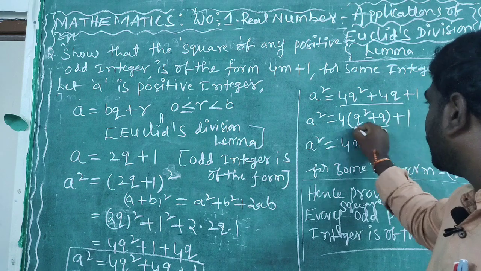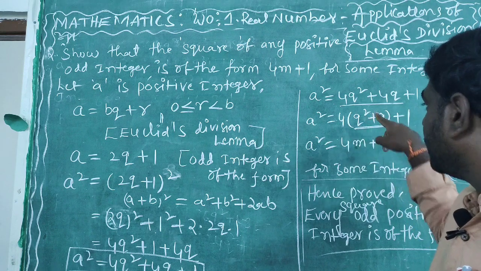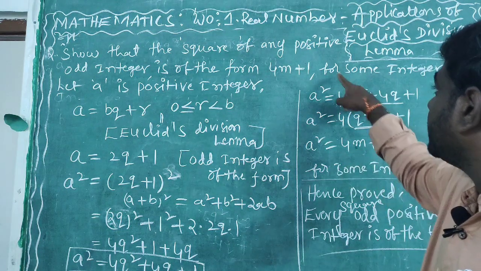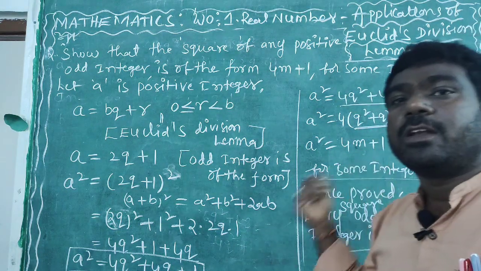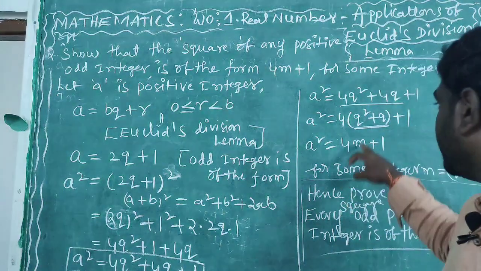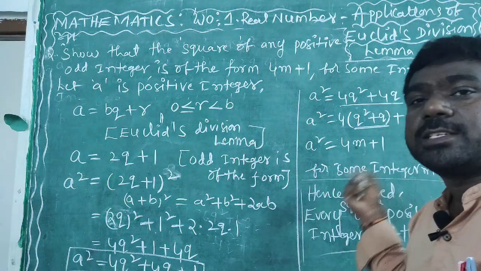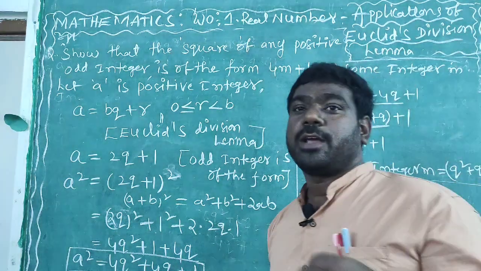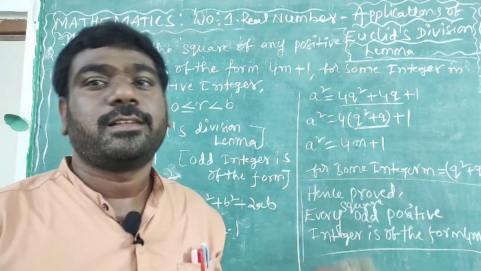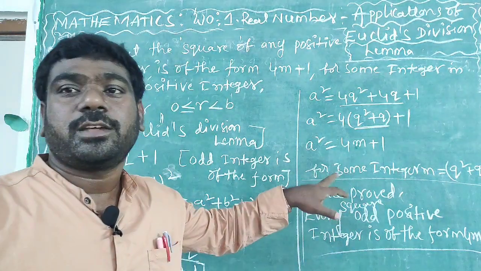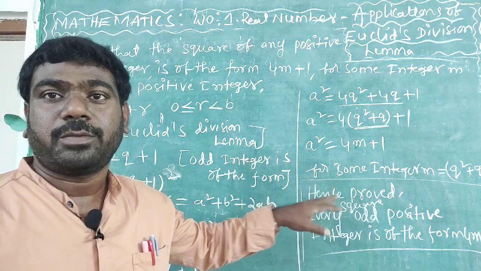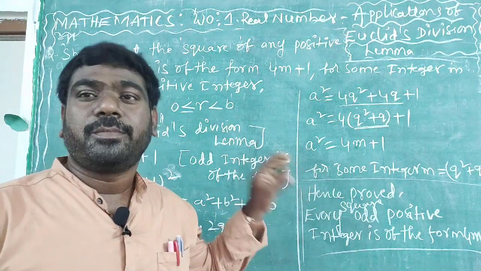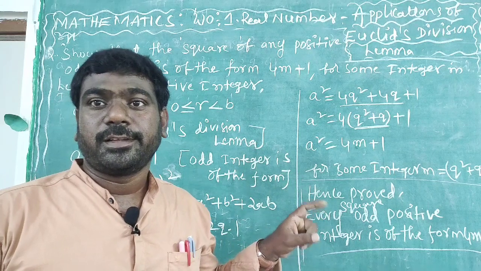If I consider this value as m, it becomes 4m plus 1. As already mentioned, for some integer m we can take any value. That's why whatever is coming here, I have considered as the m value. Therefore some integer m is equal to q square plus q. Hence the question is proved. I hope you all understand this problem perfectly and thoroughly.